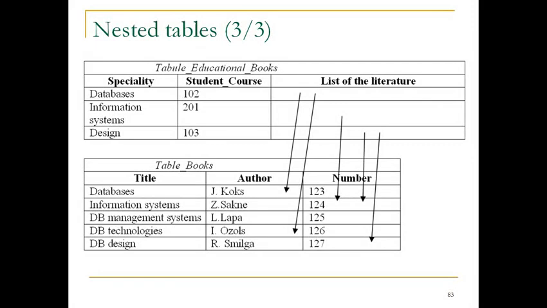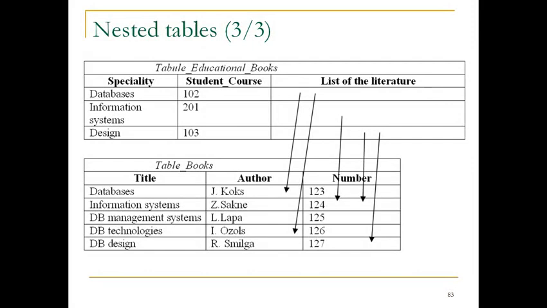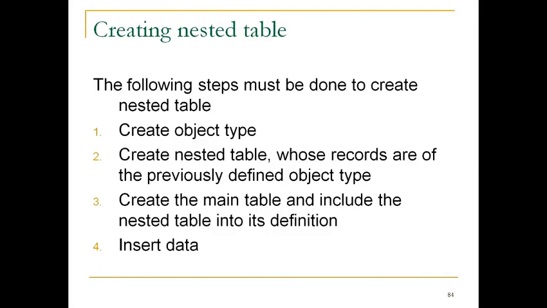And for example, the database course would have the books databases and database technology. So more than one value would be added here. And physically they would be stored in this table. That's the idea of nested tables.